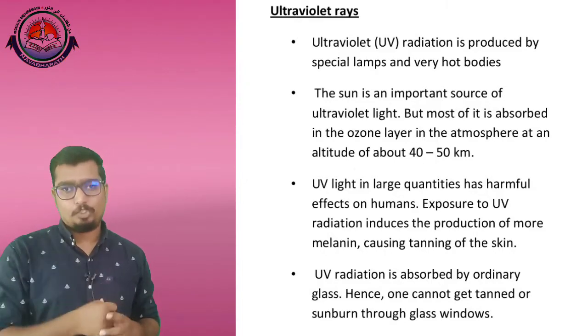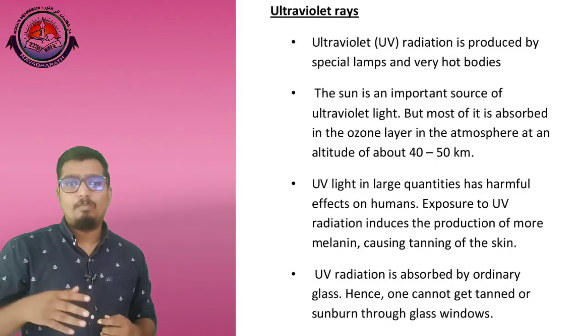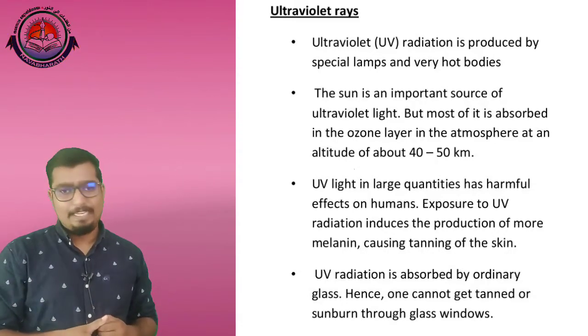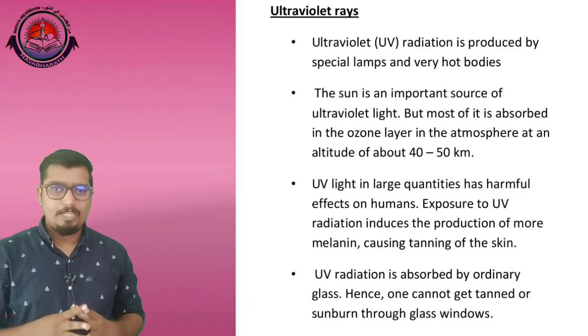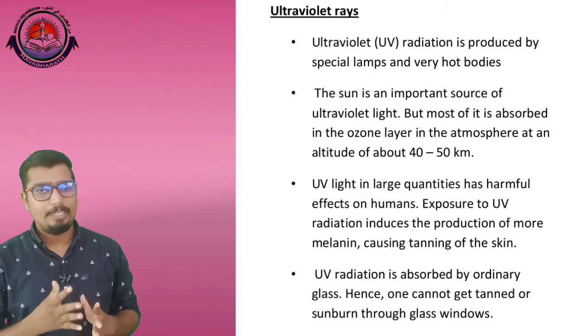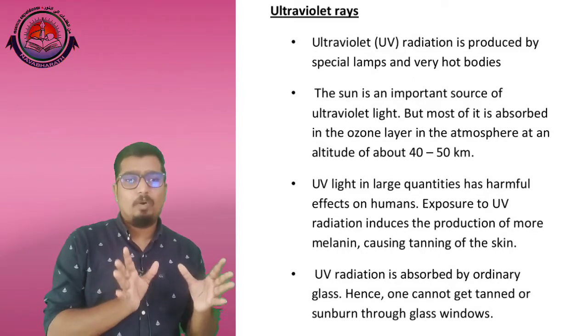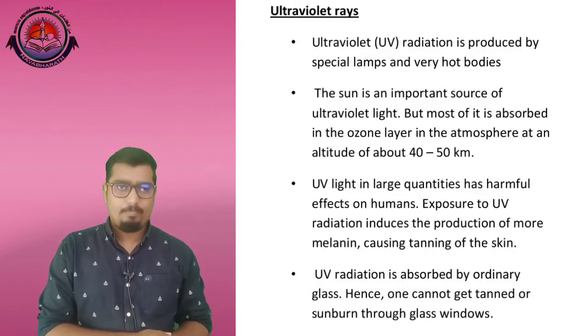Exposure to UV radiation induces the production of more melanin, causing tanning of the skin. Ultraviolet radiation is absorbed by ordinary glass, hence one cannot get tanned or sunburned through a glass window.